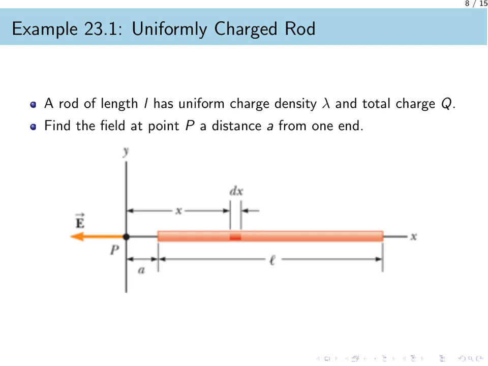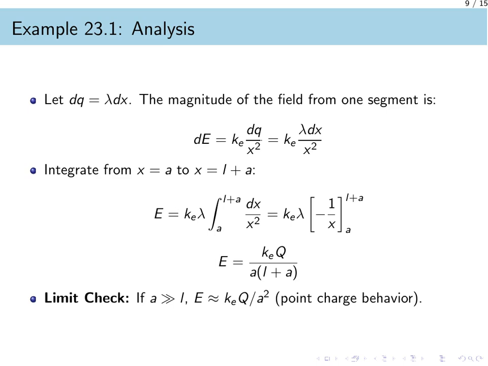By conceptualizing the problem, we know that since the entire rod is positively charged, every small segment of the rod will produce an electric field vector at point P that points to the left, directly away from the continuous charge. To analyze this geometry, we select a small arbitrary segment of the rod with length dx. The charge of this segment, dq, is equal to the linear charge density lambda times dx.